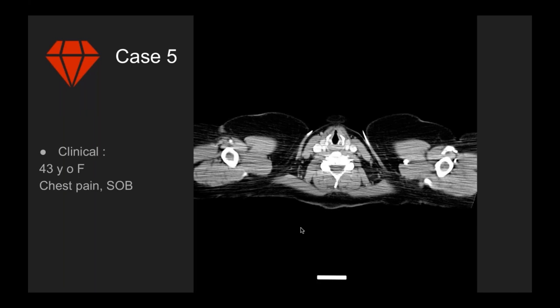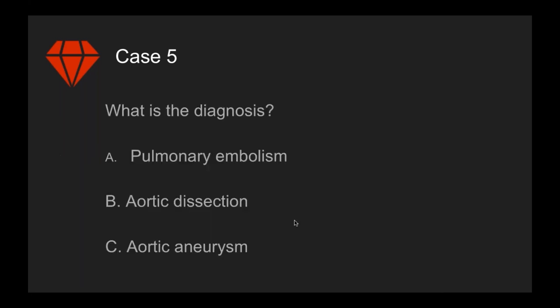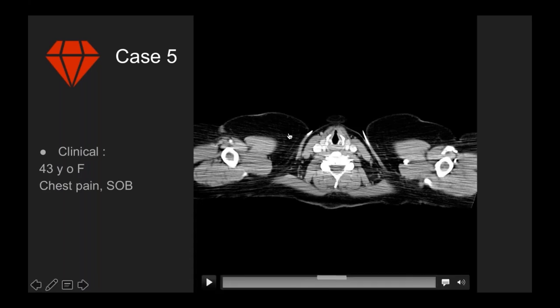Excellent. So we've done a whiz through of the first 4 cases, and what we need to look at now is case 5. We've already looked at the head, and now we're moving on to the chest.